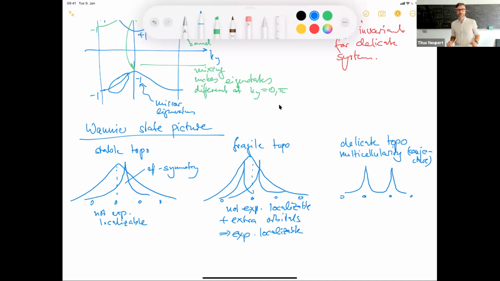However, they can never be deformed to only have support in one unit cell. So exponentially localizable, but spread over several unit cells. So that's multicellular.